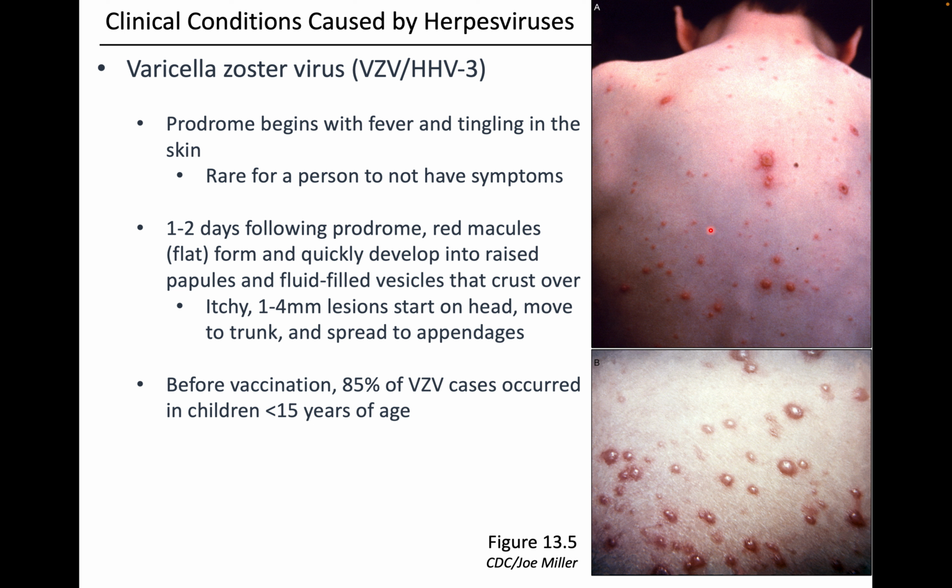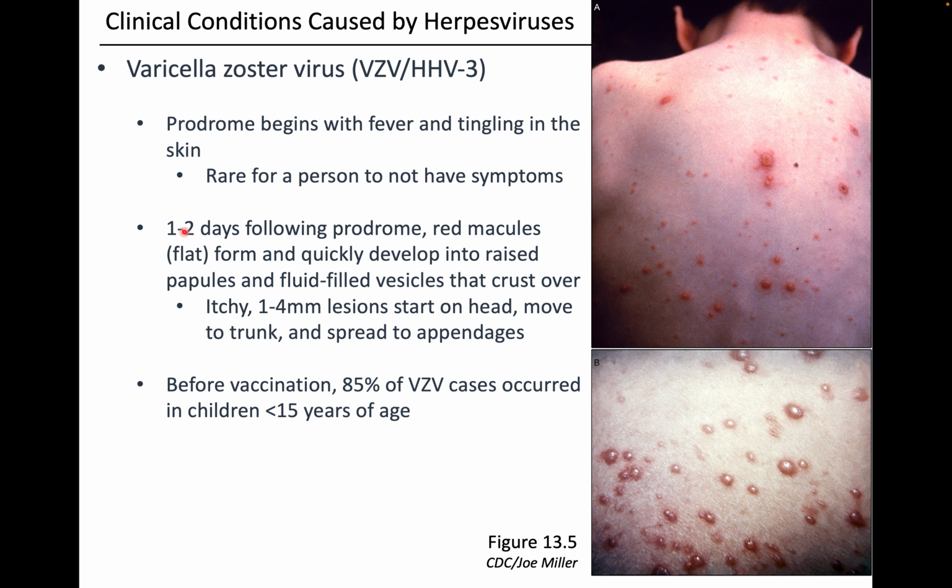So here's chickenpox, and usually the symptoms are going to start with that prodromal, right, non-specific symptom period, where you're going to have a little bit of a fever and sort of a tingling on the skin, indicating something's not right, something's brewing.